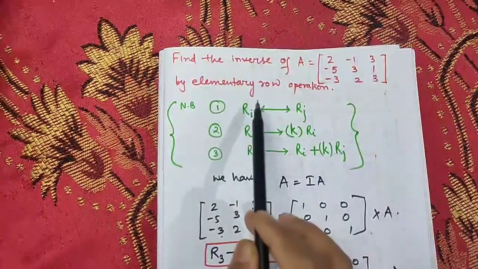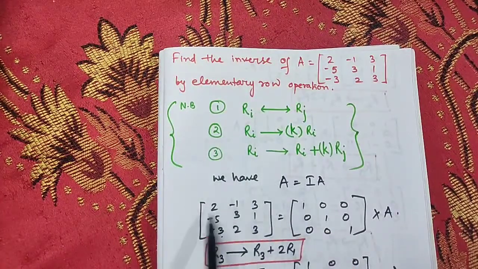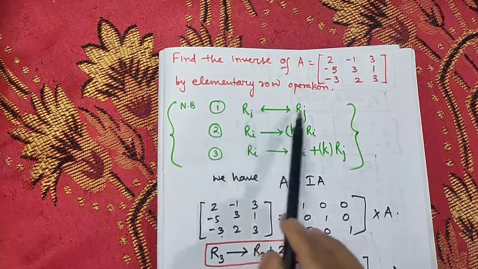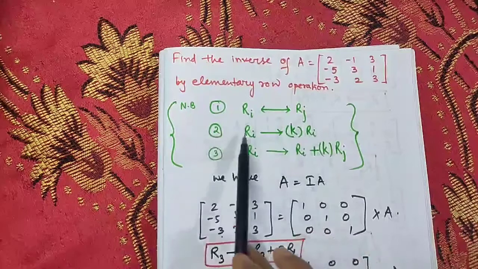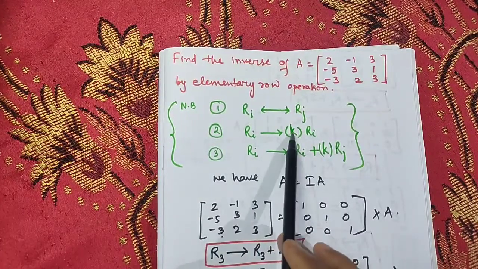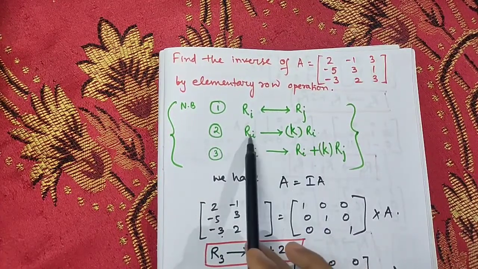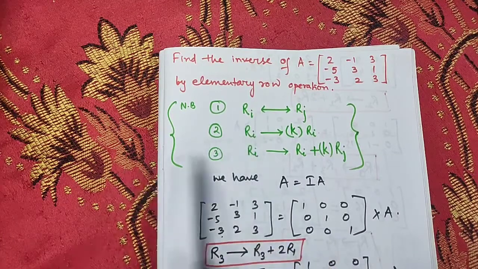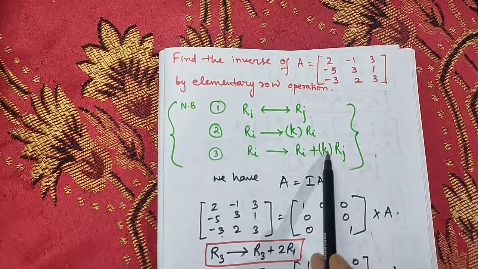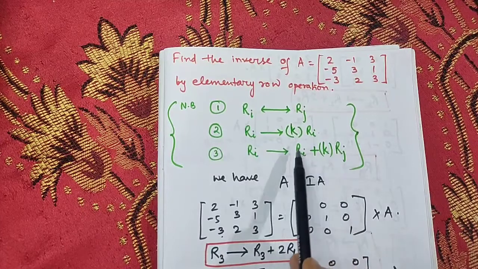These three types of operation we have to perform over here, so that we can make this matrix into identity matrix. First operation is interchange of any row. Second operation is multiplying a scalar with any row, the row which we want to change. And third one is we have to multiply a scalar with a row and add it to the row which we want to change.